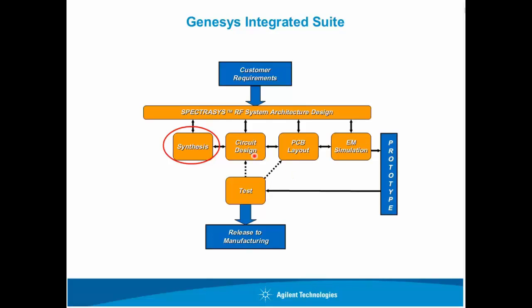So far all we've looked at is this synthesis block here. So what we'll look at now is how we can improve our design using the other tools within Genesys.